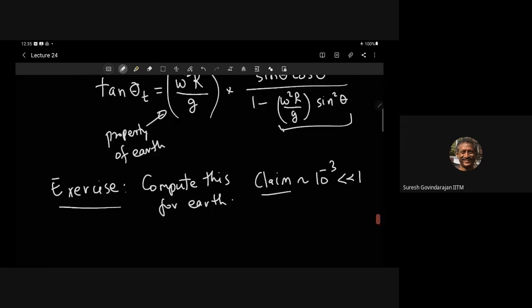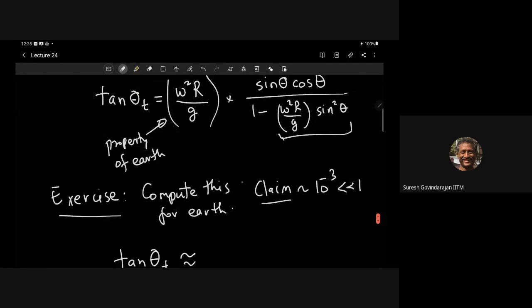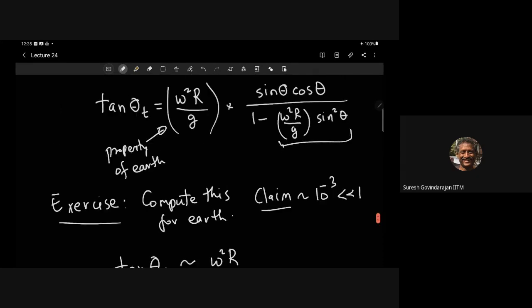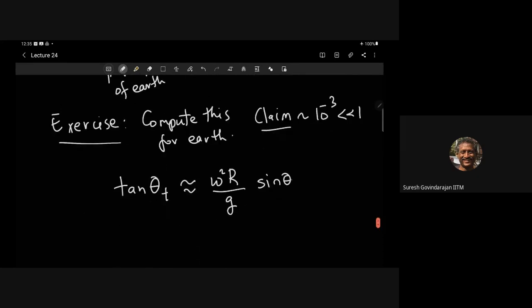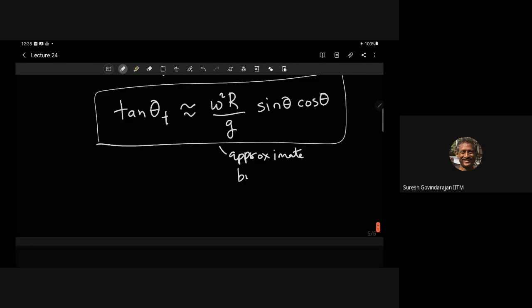So we can even write a formula for Earth that is approximately this. It is approximate for Earth, but a decent one.